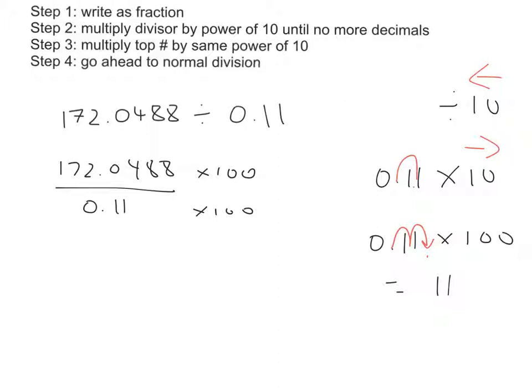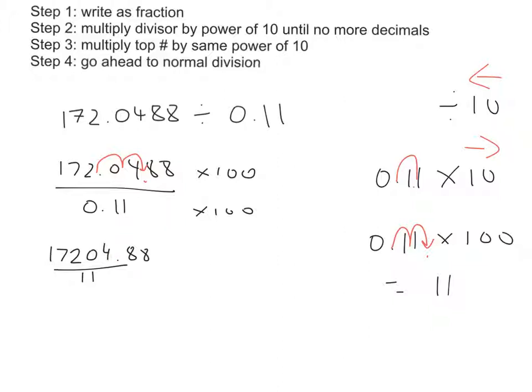So we've got 11 over 17204.88. And I guess I should explain that if we're timesing this top number by 100, we're jumping to the right twice. So we got one jump and another jump, and then now the decimal point is there. That's why I wrote this number like this, because I had to jump once and twice.